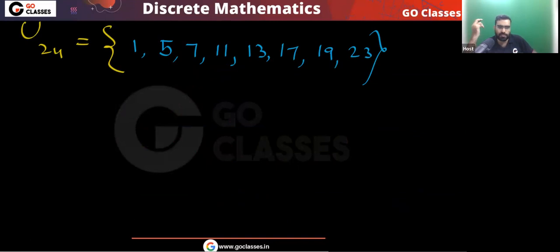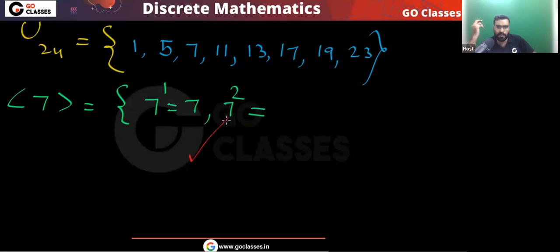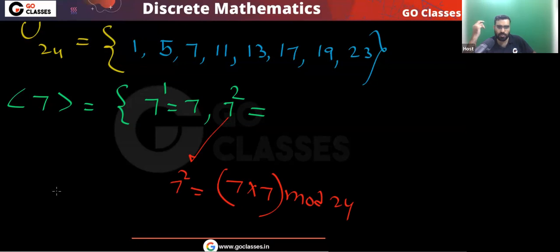What about 7? So 7 can generate 7. Next, what is 7 power 2? 7 power 2 means 7 multiplied by 7 mod 24, because the operation is multiplication modulo 24.